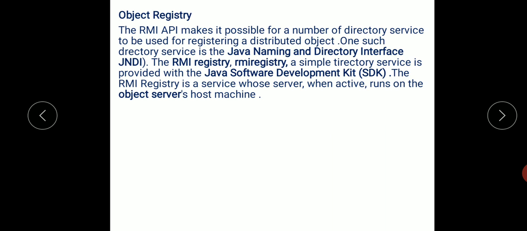One such directory service is Java Naming and Directory Interface, JNDI. The Java RMI registry, a simple directory service, is provided with the Java Software Development Kit, SDK. The RMI registry is a service whose server, when active, runs on the object server's host machine. So the object registry will run on the server host.